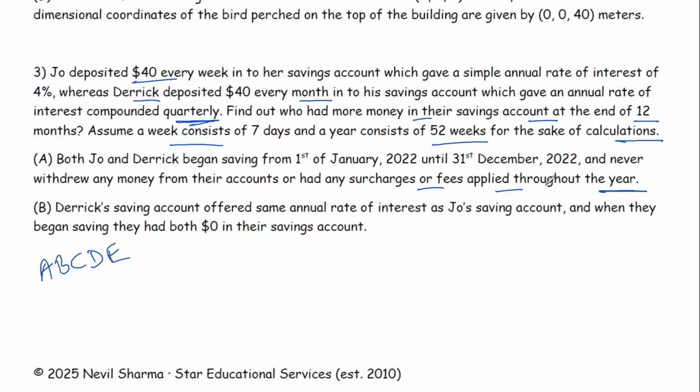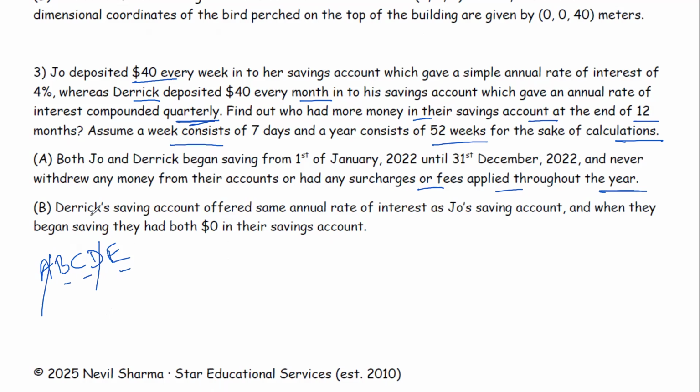What is stated is that they never withdrew any money and did not have any surcharges or fees applied throughout the year, right? But we don't know whether they already had some money in that savings account. Did they start with zero? Then only we can figure it out, right? Or if they have some money in it, then we need to know how much. Then also we can figure it out. But we don't know that. Therefore, A is not sufficient. A and D is out.